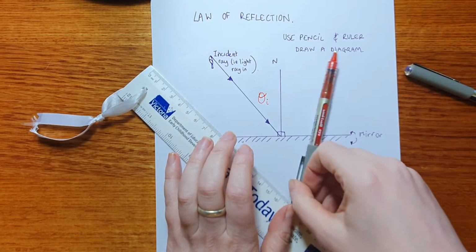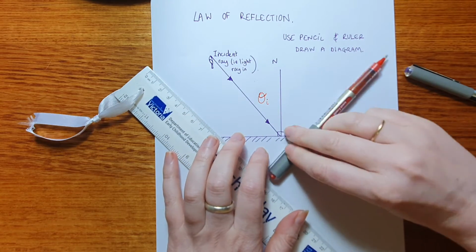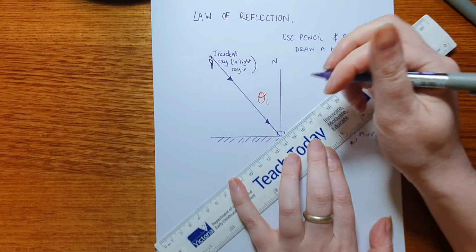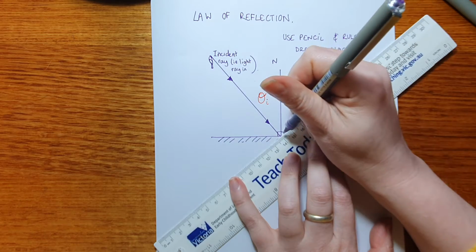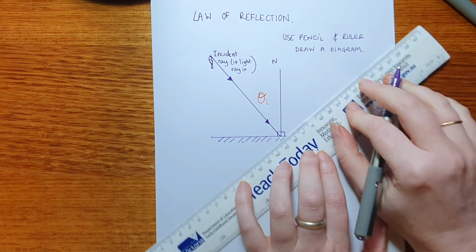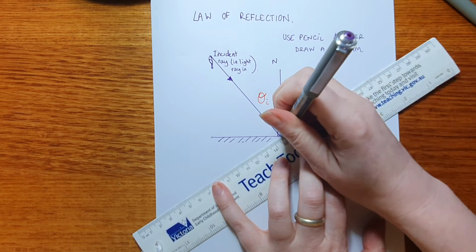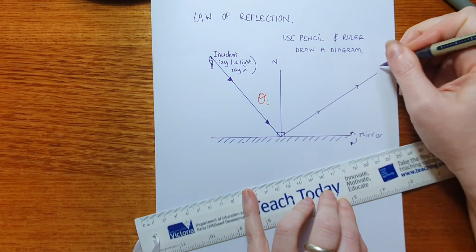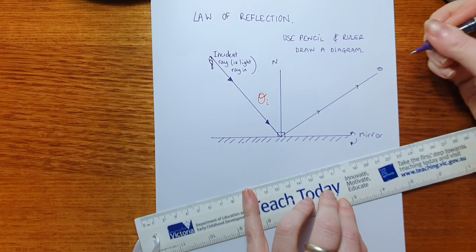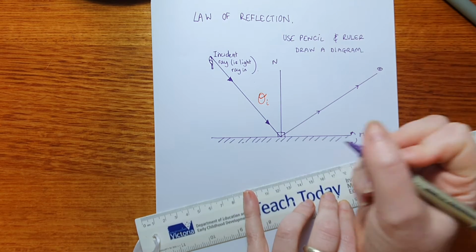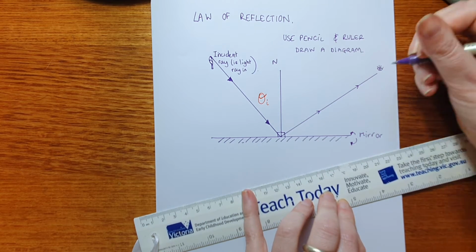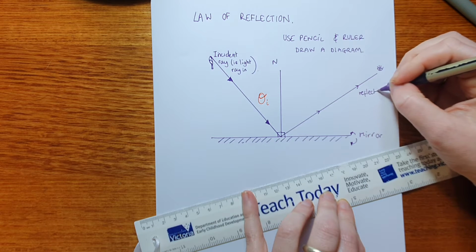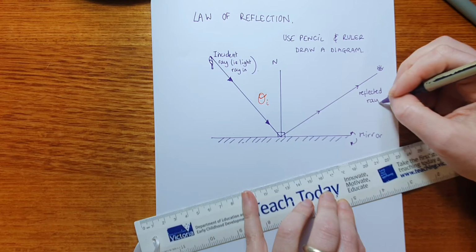Then our light is going to bounce out at exactly the same angle. Again, you don't need to show it exactly, you want to approximate it. It would be silly if you did it there. That's going to go to an eyeball, and this is our reflected ray.